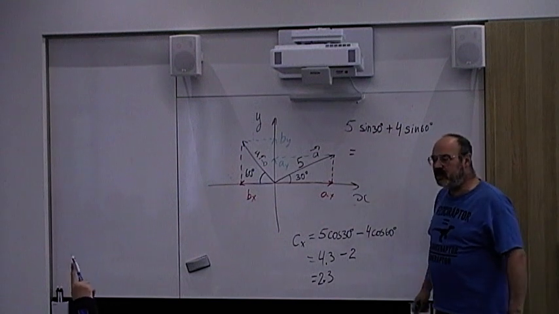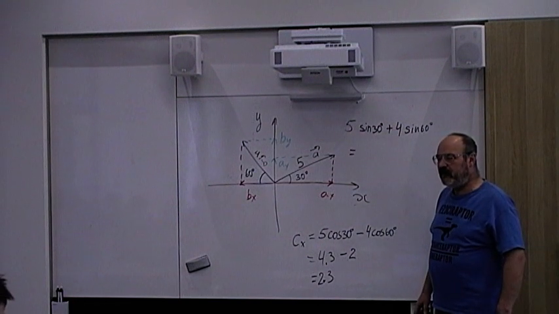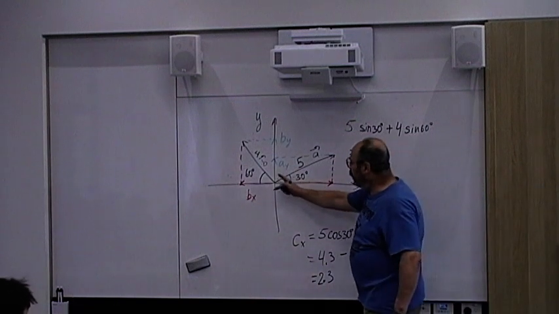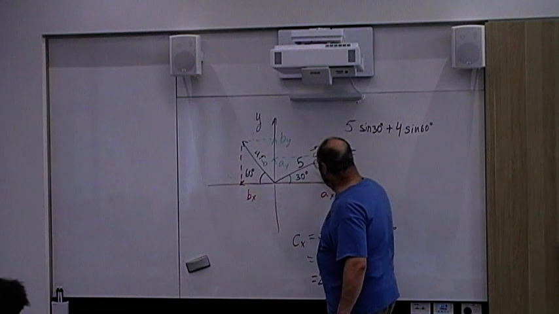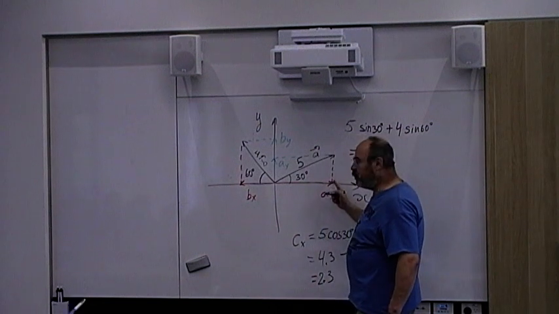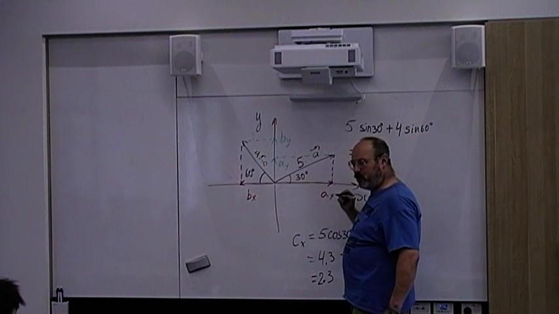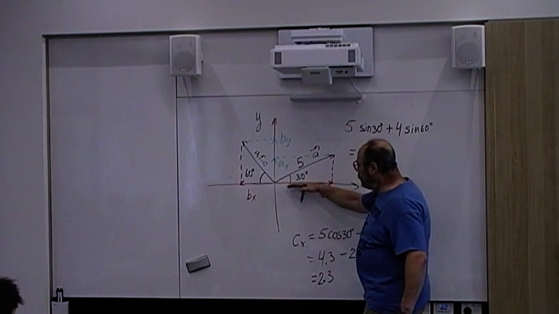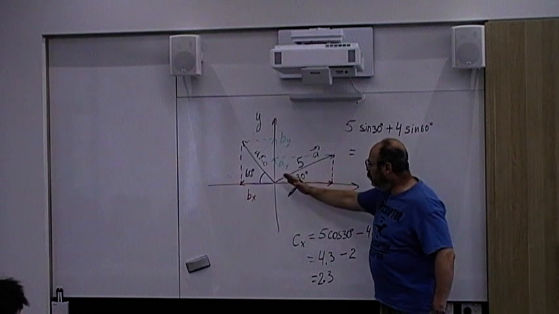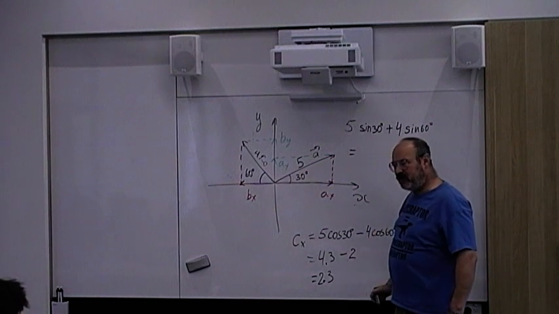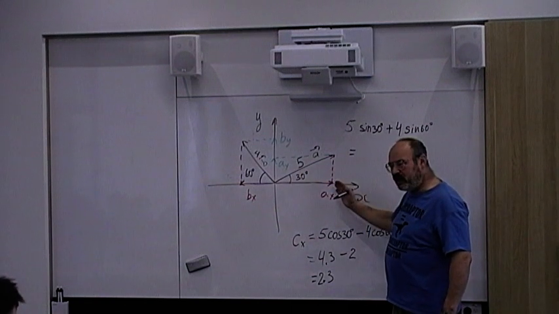So we add them. We are finding this side, which is the opposite, so hypotenuse times sine 30. For the x-axis it was cos, for y it will be sine, for the vertical it will be sine.